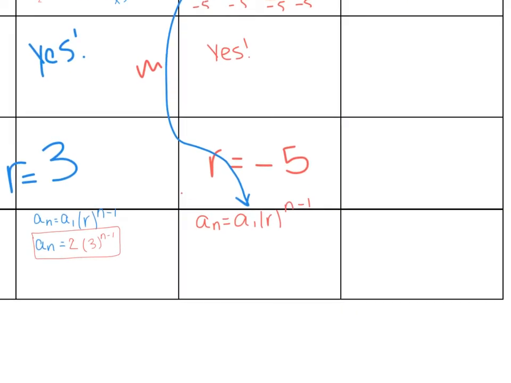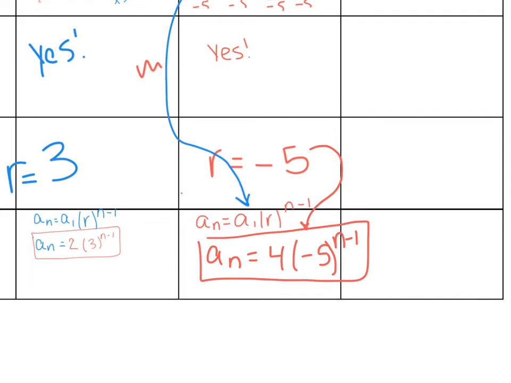So I get a sub n equals 4, parenthesis, I go back to my previous answer, my r. My r was negative 5. And I raise it to the n minus 1. That is your final answer, or my final equation. a sub n equals 4 times negative 5 to the n minus 1.